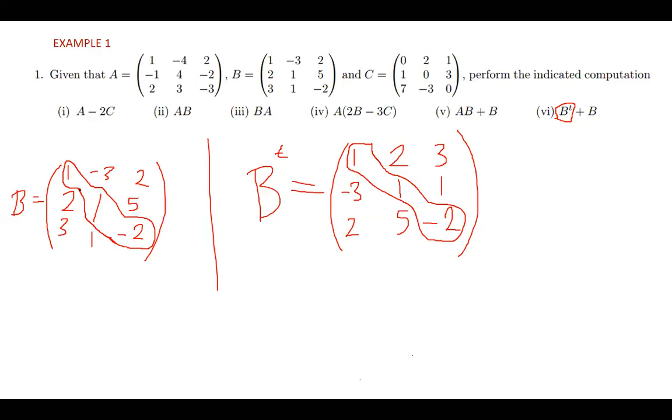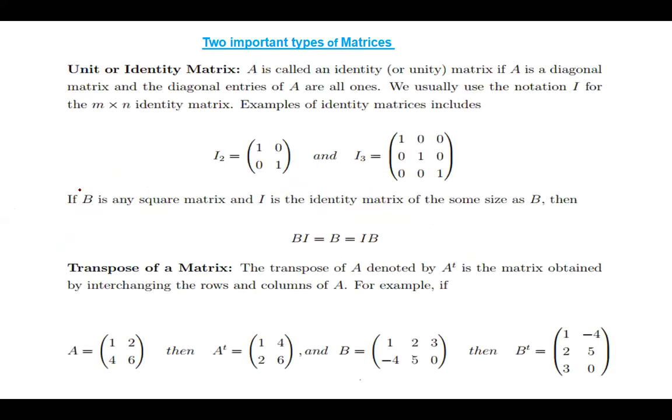Let's proceed. So let's take a look at two very important types of matrices that we're going to use from now on up to the end of this lesson. I've just picked two out of those matrices that were given in the module. So first look at the identity matrix.